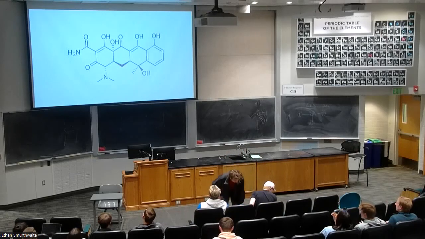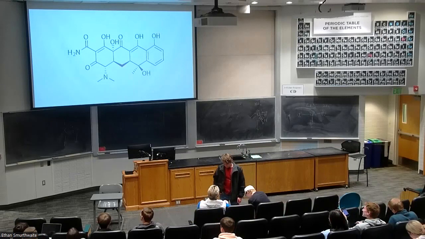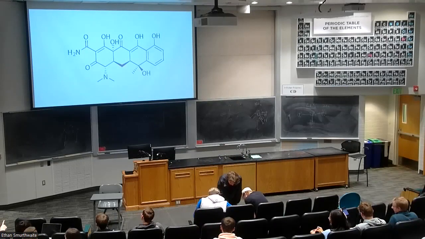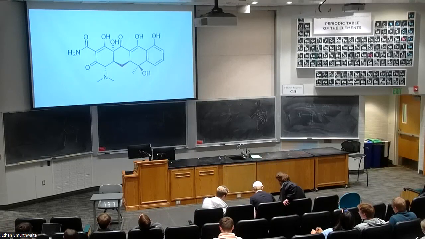So yes, there's a benzene ring right here. And someone said it, what are the other 2 functional groups and where are they? We have 2 ketones right here. This is a ketone. And this is a ketone.